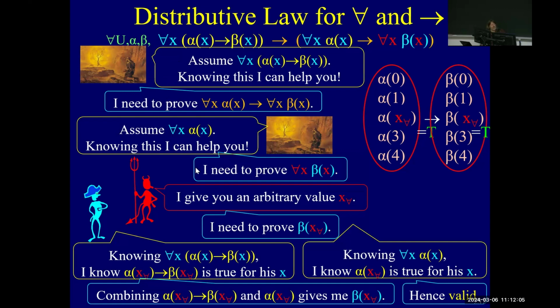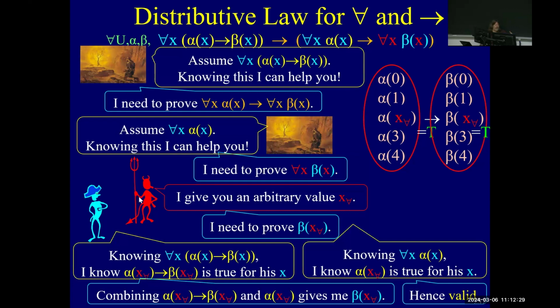Oracle says, I'm assuring this. The prover needs to prove this. The adversary gives me an arbitrary value, then I need to prove this. You can just write who's saying what as a proof. I wrote up a solution set, and that's what my solution set says.